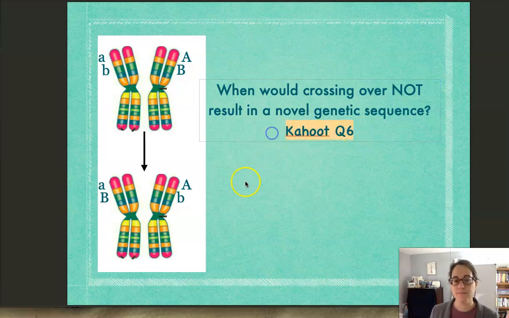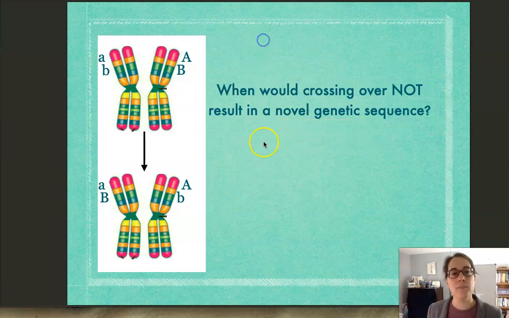And then here, not going to go on Kahoot right now, if we had these chromosomes at the top, these homologous chromosomes, and one parent had the lowercase variant of the gene for A, and the other parent had an uppercase variant for the gene for A, I'm asking, when would crossing over not result in a novel genetic sequence?